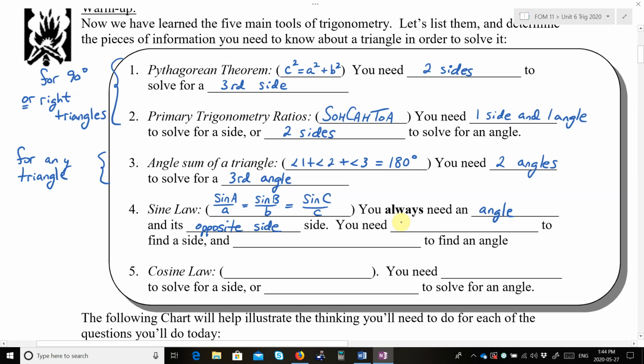So you need 2 angles and 1 side to find a side, and two sides and one angle to find some other angle.